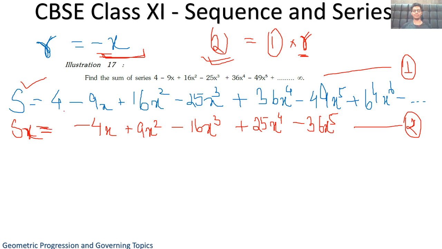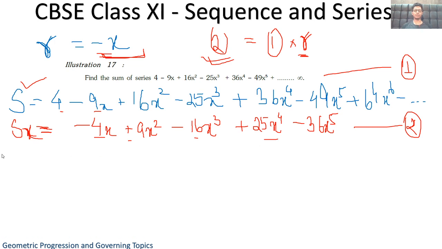So 4 multiplied by minus x gives minus 4x. Minus 9x multiplied by minus x gives positive 9x square. 16x square multiplied by minus x gives minus 16x cube. Then minus 25x cube into minus x gives 25x to the power 4.